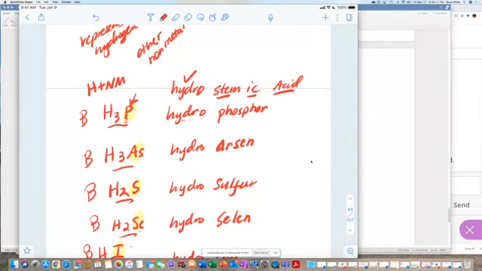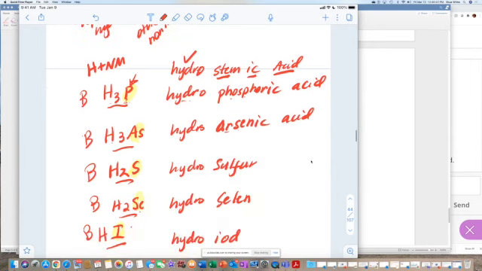So hydrophosphoric acid, hydroarsenic acid. If it forms this kind of acid, I'm just following the format. Hydrosulfuric acid, hydroselenic acid, hydroiodic acid.